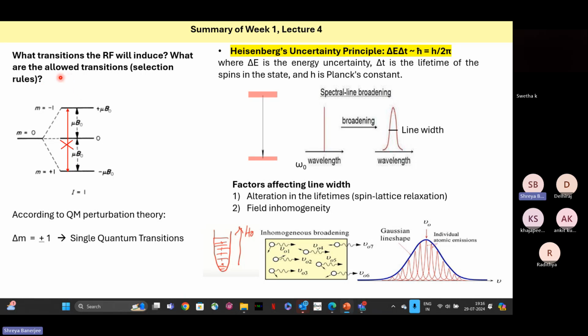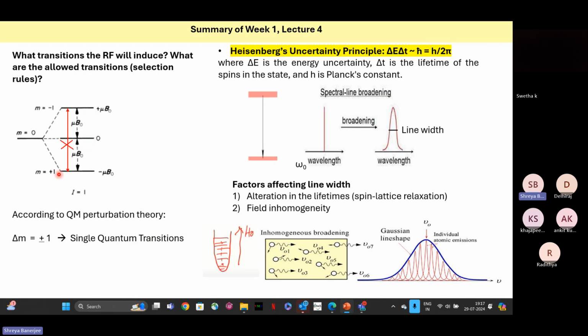Now, there are certain selection rules for NMR spectra. It is not the case that because there are 3 allowed energy levels, all possible transitions are allowed. Basically, the selection rule is that delta M can be plus or minus 1. This is called a single quantum transition.